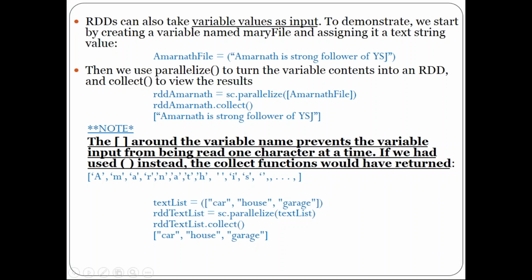This way each and every letter is taken as an input for your RDD. That is the difference. Earlier this slide was not highlighted with this. I made the corrections because I had very limited time to prepare the slides. Okay, that is where we are coming from.